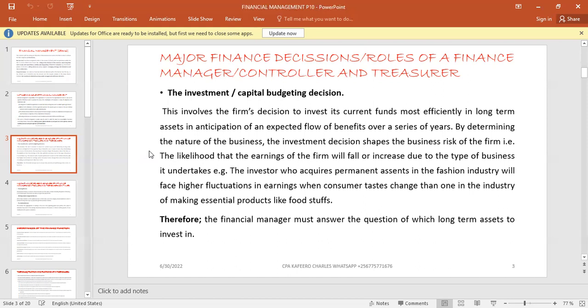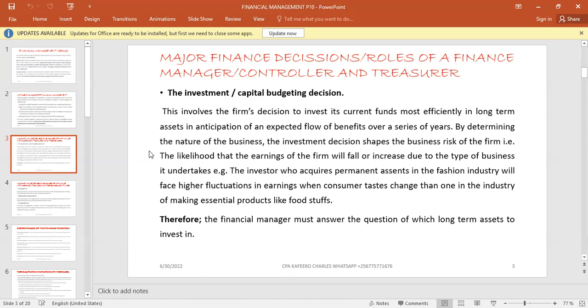So those assets we've got are the ones that form the asset mix of the company, or they give the general picture of what the company will be doing. And we are saying that the investment decision shapes the business risk of the firm.